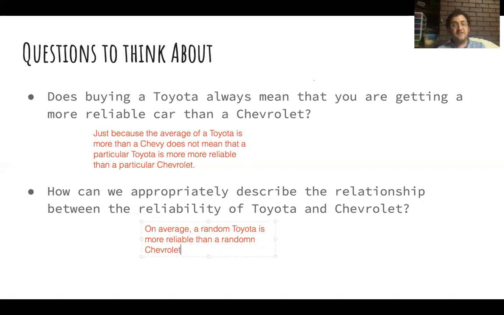That doesn't mean all the time. Maybe you could buy that Chevrolet with a model of 100 and get great luck. And maybe somebody bought that Toyota with a reliability of 27 and got not very good luck. But on average, if we have a random Toyota, it's going to be more reliable than a random Chevrolet.